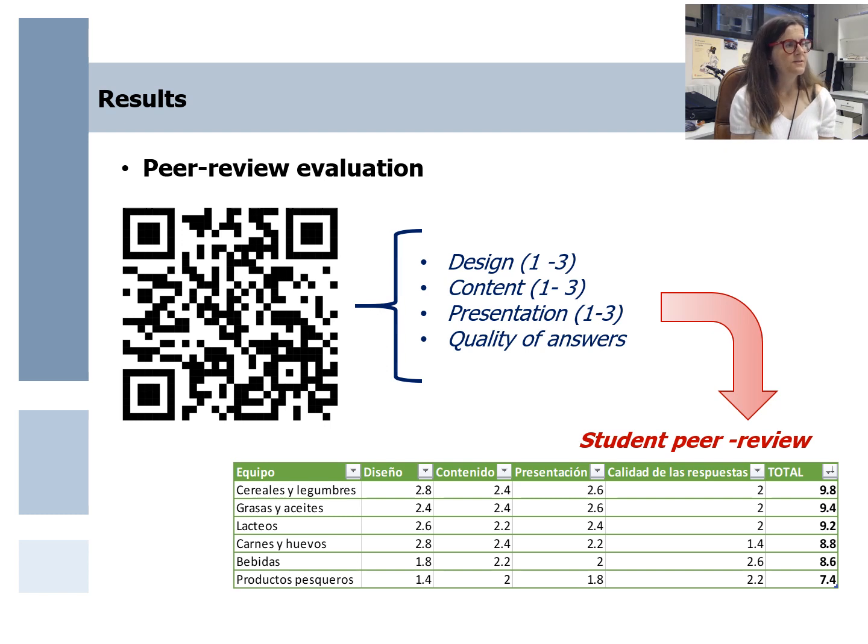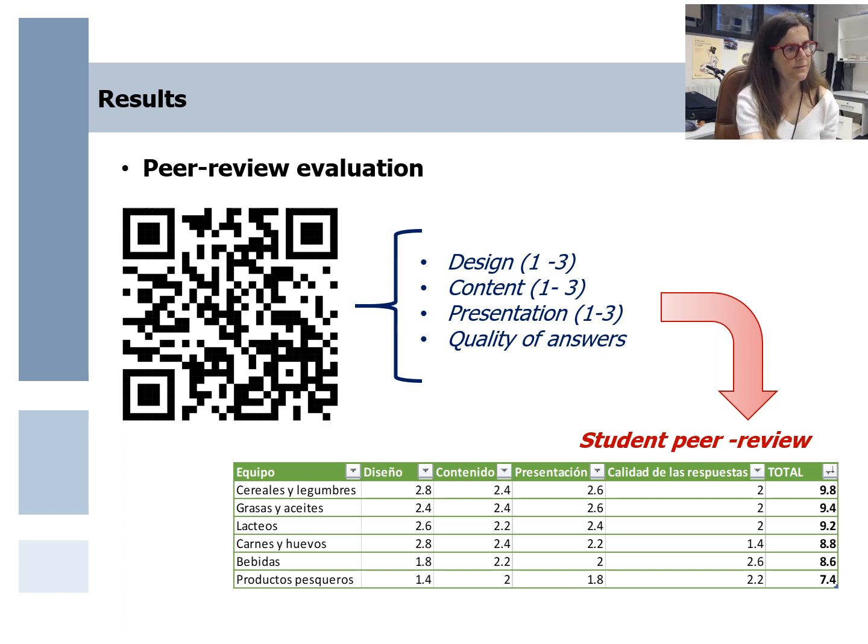Regarding results, as to the peer review evaluation of the poster competition and prize winning, it's necessary to say the rubric was designed so that the students evaluated their classmates according to 4 aspects dealing with the design of the poster or the final presentation, the content, the presentation itself, and the quality of the answers given during the discussion, with values from 1 to 3.